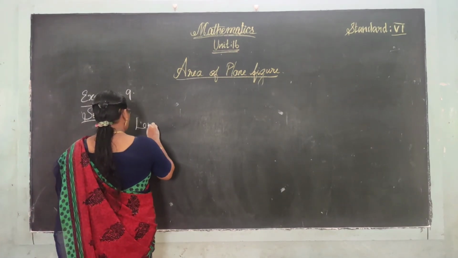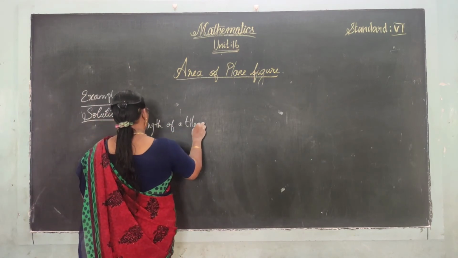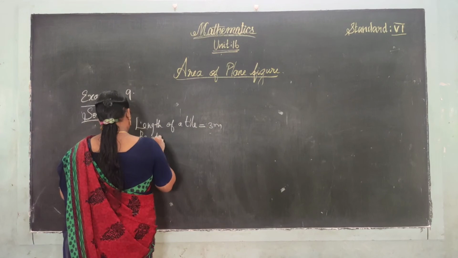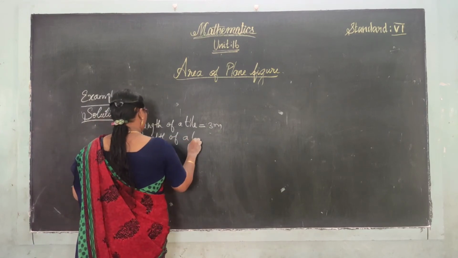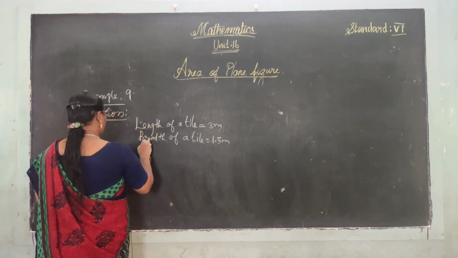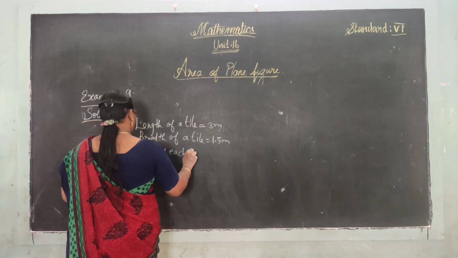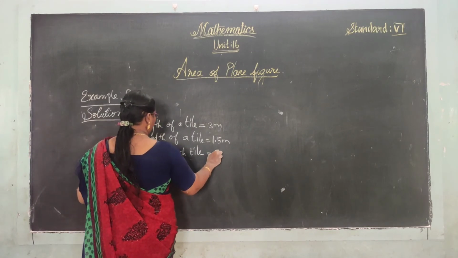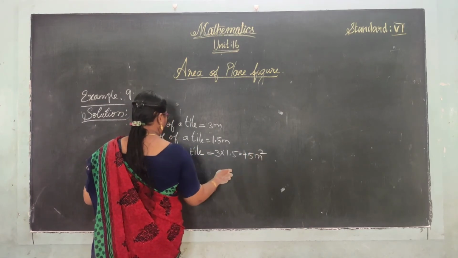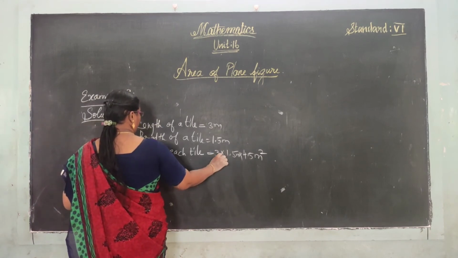Length of a tile is equal to 3 meter and breadth of a tile is equal to 1.5 meter. Next, area of each tile is equal to 3 into 1.5 is equal to 4.5 meter square, length into breadth.